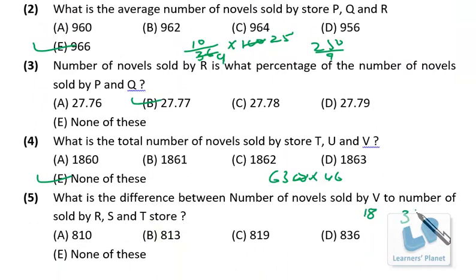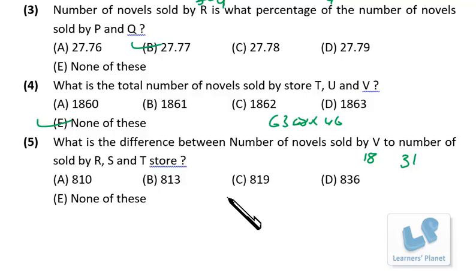So difference is 13%. 13% of 6,300. So that is 13 into 63. Right? So that's pretty simple. No need to find out the individual calculation, that will be really time consuming, right? You find out the percentage difference and then from percentage difference you should find out the actual data.